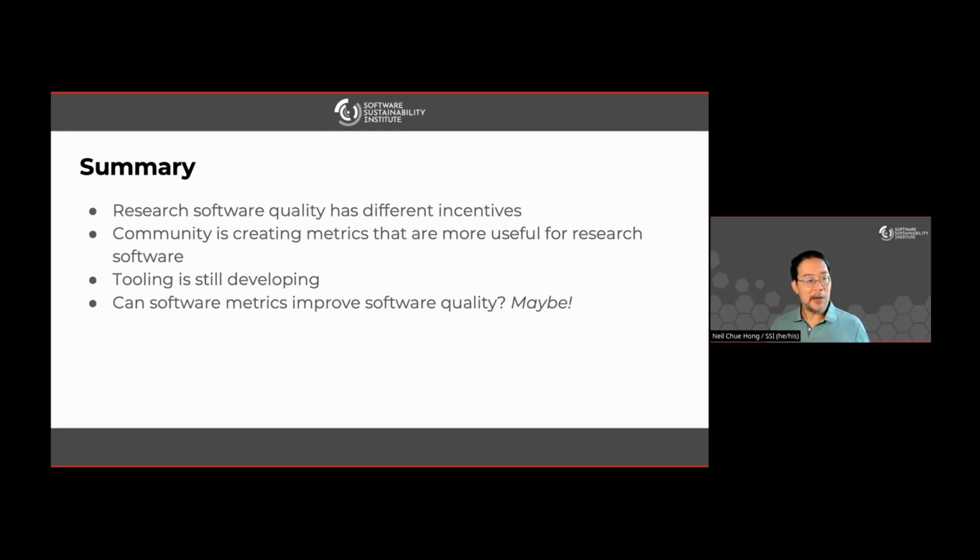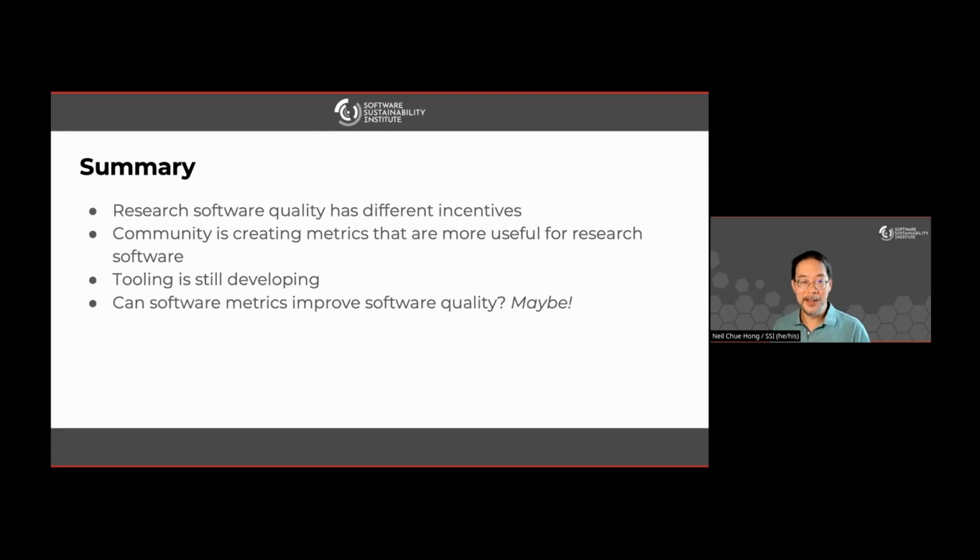And then maybe going back to that original question I asked, can software metrics improve software quality? I guess the question can be turned around and put back onto you, which is, do you think software metrics can improve software quality? Because as far as I'm concerned, yes, maybe they can, but maybe not always.